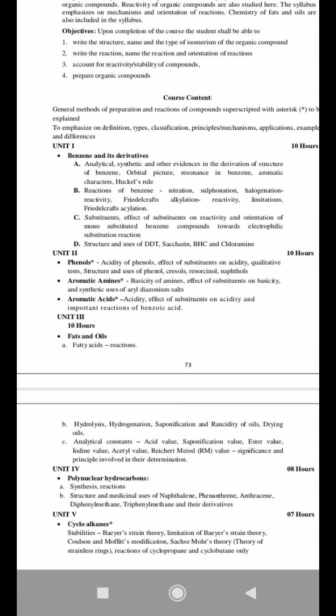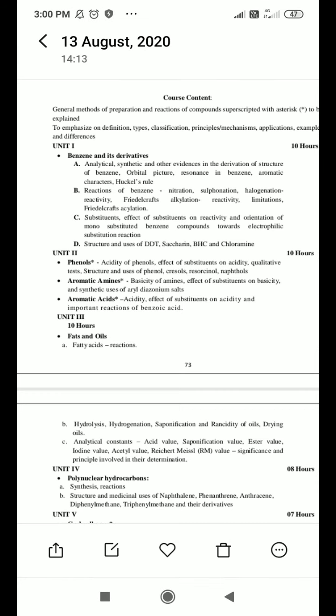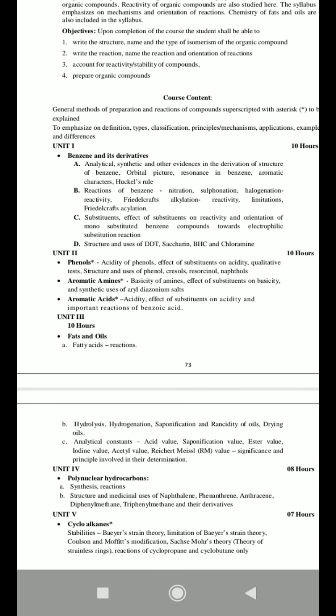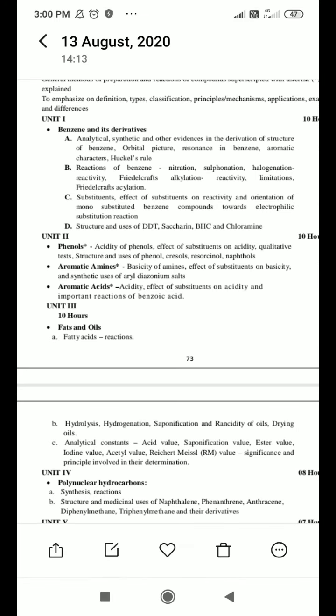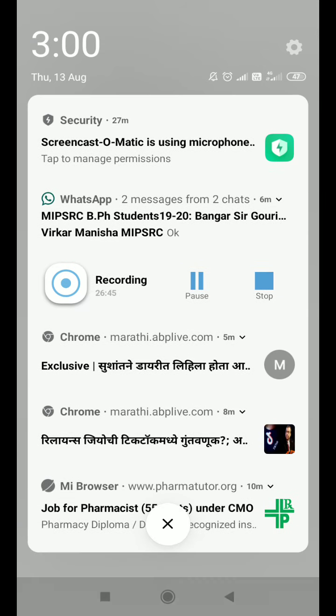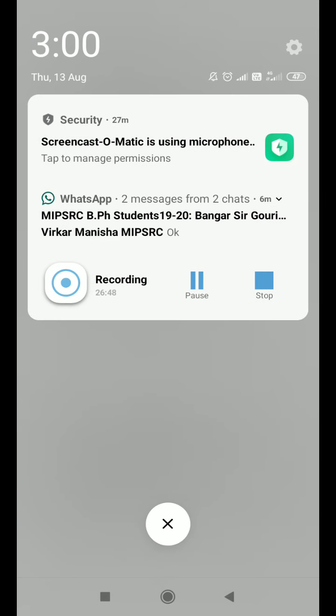Cycloalkanes means we have to study the methods of preparation, how to prepare the different cycloalkanes, and reactions of cycloalkanes. Then we have to study the different theories: Baeyer strain theory, limitations of Baeyer strain theory, Coulson and Moffitt modification, Sachse-Mohr theory of strainless rings. Then reactions of cyclopropane and cyclobutane only. This will be studied in detail in the lectures.